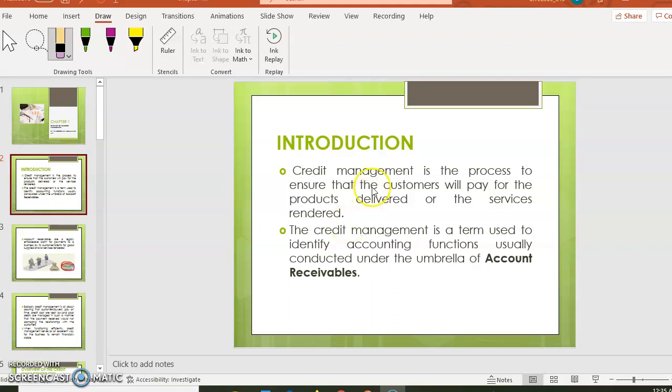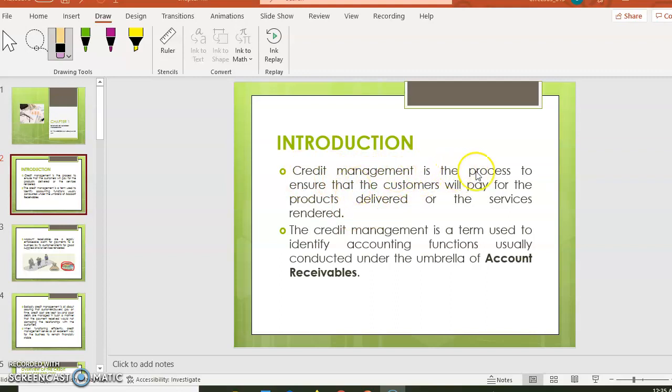So what does credit management mean? Whatever you learn throughout any course, normally you have to know the definition of the terms described in the course. So the first term that we are going to learn today is credit management itself. Jadi apakah maksud credit management?